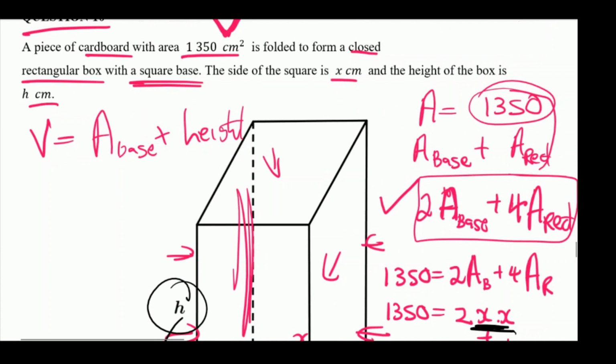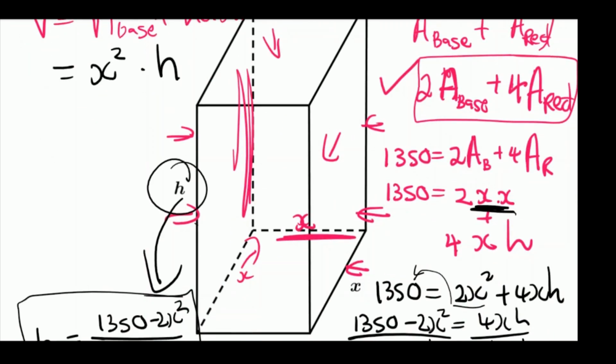So now because we want the volume, the area we already found, or the parts of the area, right? So if we were to find the volume of this rectangular box using expressions, the area of base is x squared, right? Because it's the square base. And then you're going to multiply it with the height of this rectangular box.